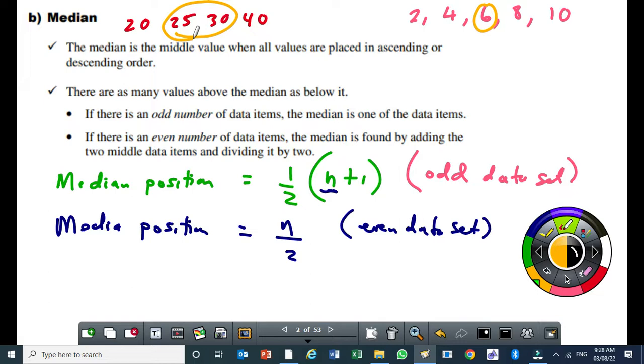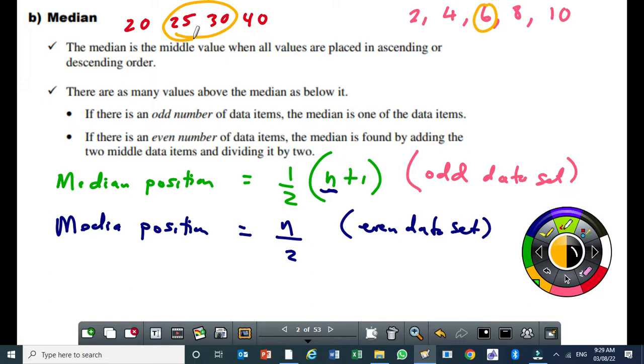Let's not complicate things here. First, listen, what's the definition of median? It is the value which lies in the middle of the data set. The problem comes if the data set is even. You have to identify two values in the middle of the data set. So if you have four, which two values are in the middle?